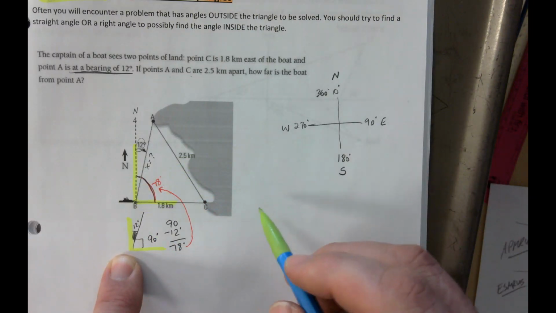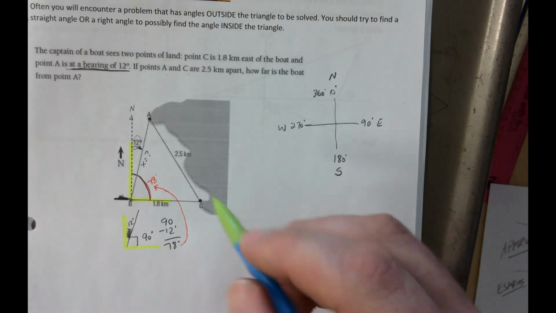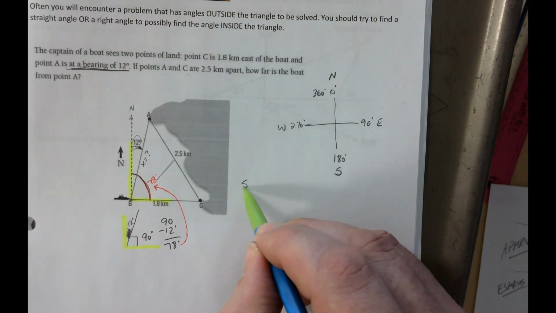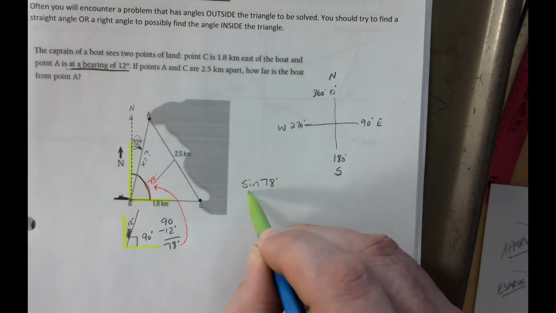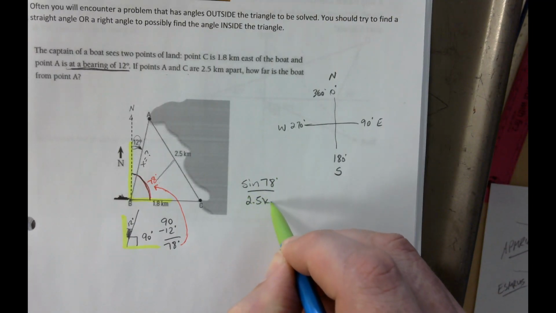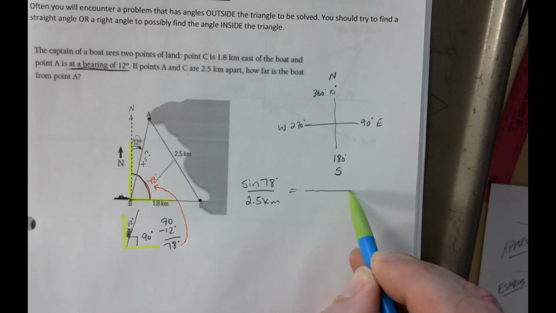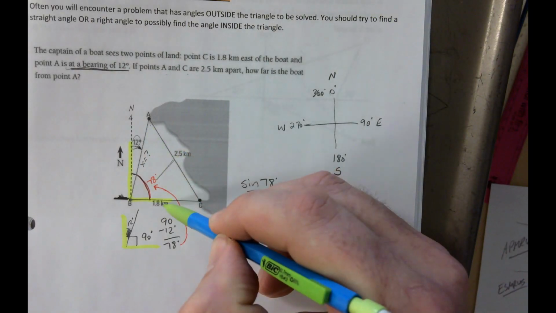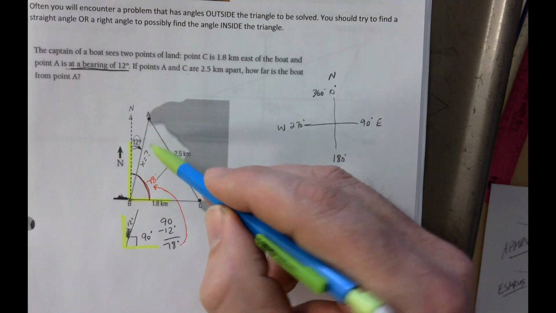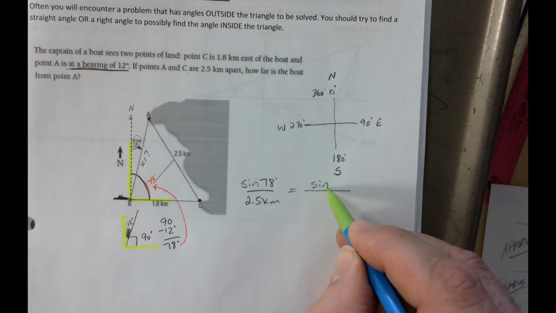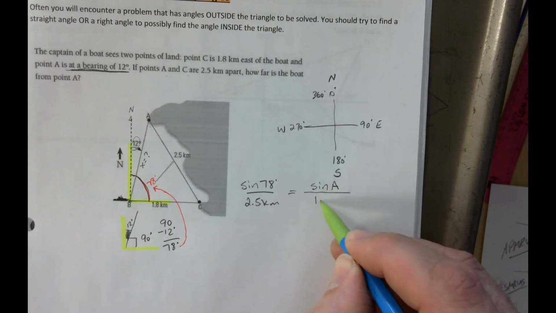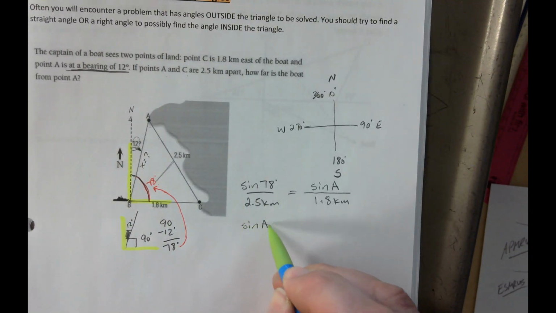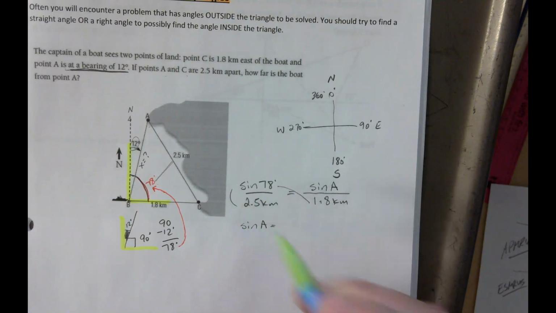What are we going to use to solve here? You have a pair, right? So we're going to go sine of 78 over 2.5 kilometers is equal to sine of A over 1.8. That's the only thing we can do right now. Then sine A is, you've got to cross multiply and divide.